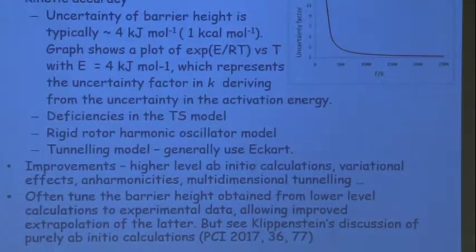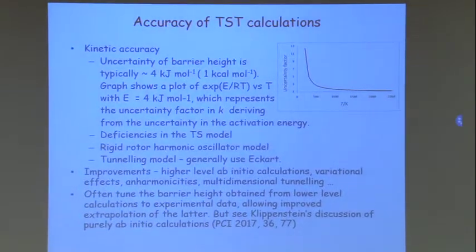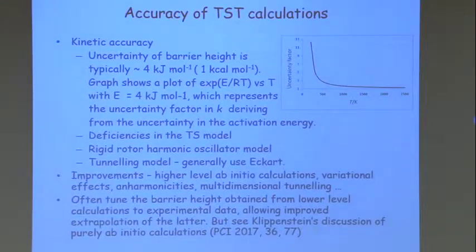The accuracy of transition state theory calculations, typically it's of the order of barrier height of 4 kilojoules per mole. And so what I've done here is take the exponential of E over RT, basically putting this into an activation energy term.